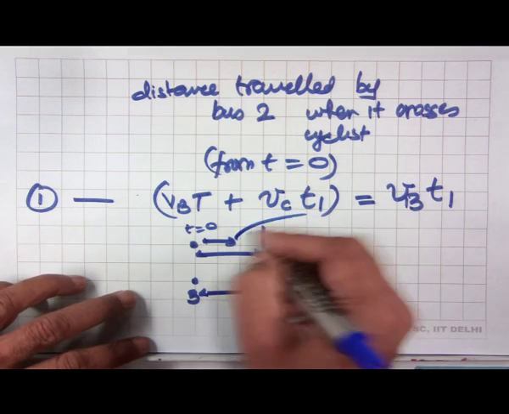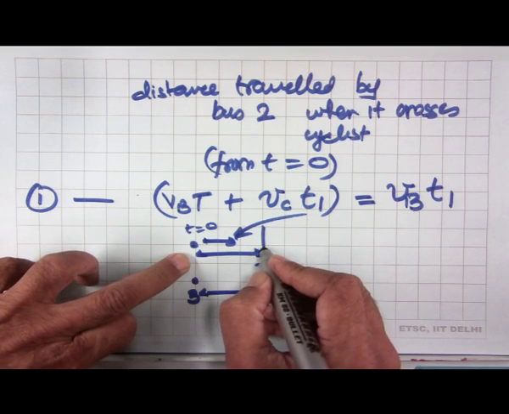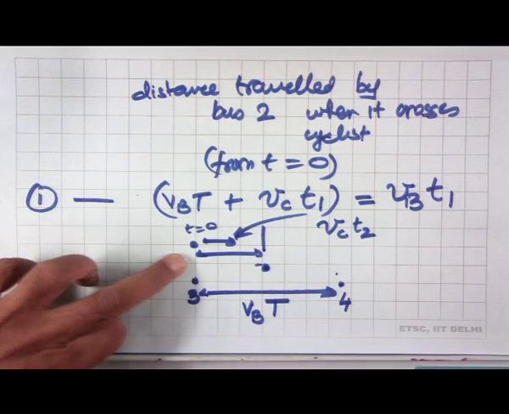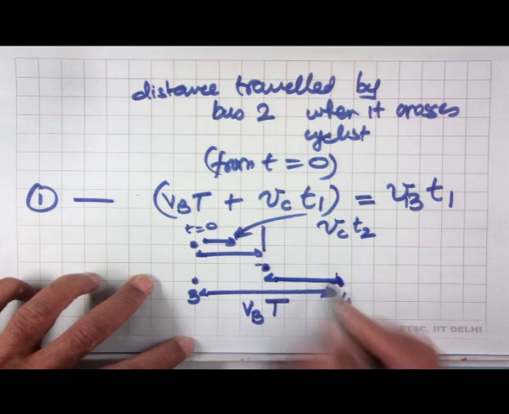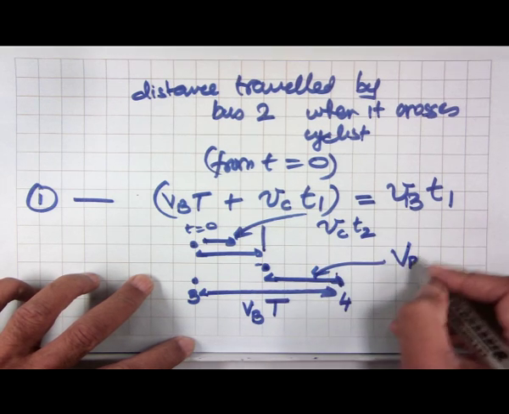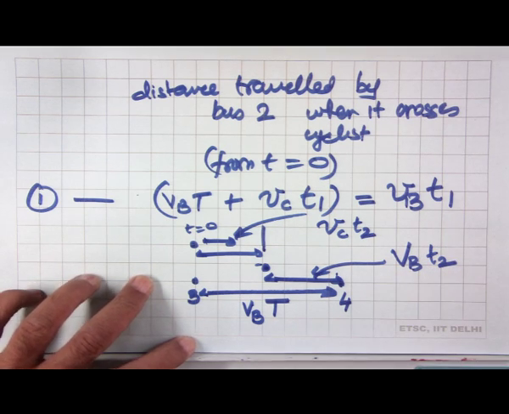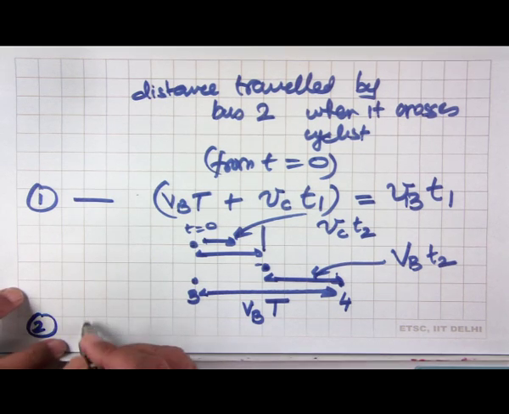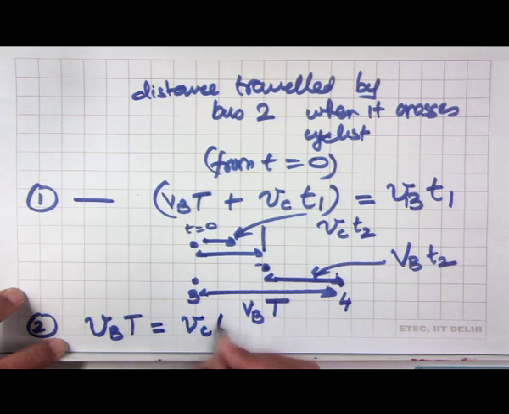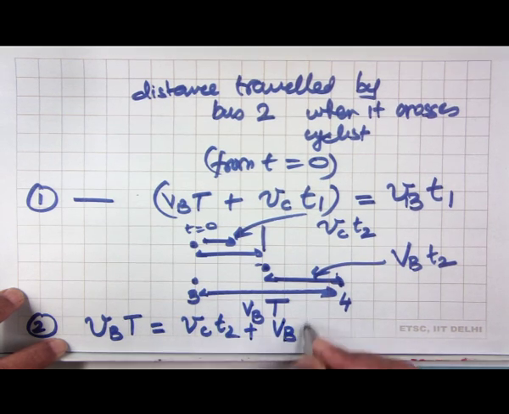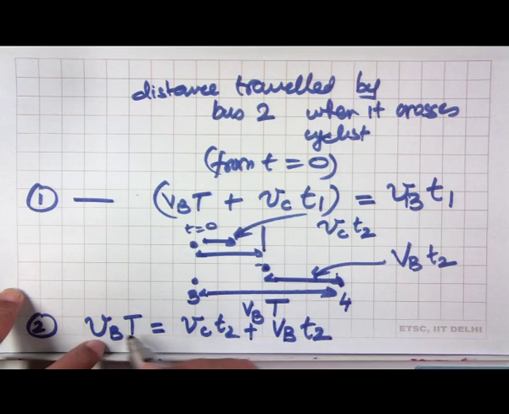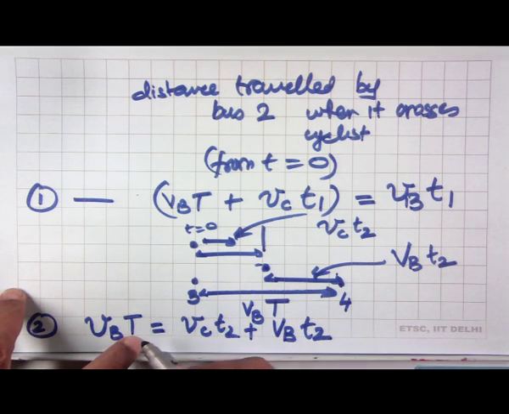The distance which the cyclist travels is equal to Vc times t2, and the distance travelled by the bus is Vb times t2, and the total distance is Vb times T. So, what we get is the second relation: Vb times T is equal to Vc times t2 plus Vb times t2.